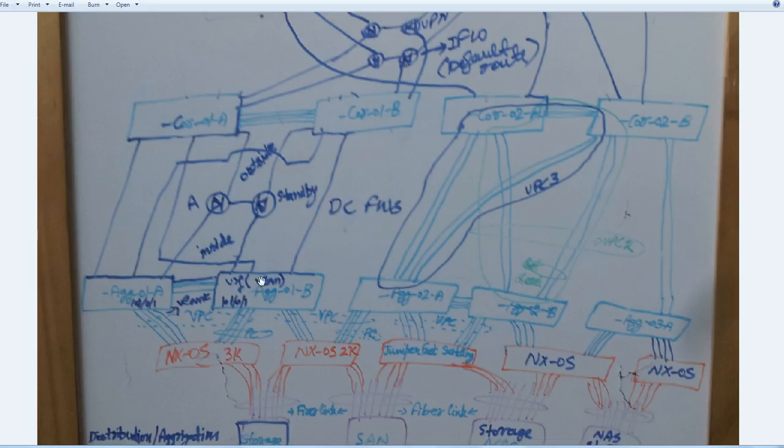If we pay attention, AG B has two connections with core A. One is going this way and another is straight here. Same for AG A, it has two connections here. This is OSPF, and if we pay attention here, this is going this way back to here. So this is OSPF.